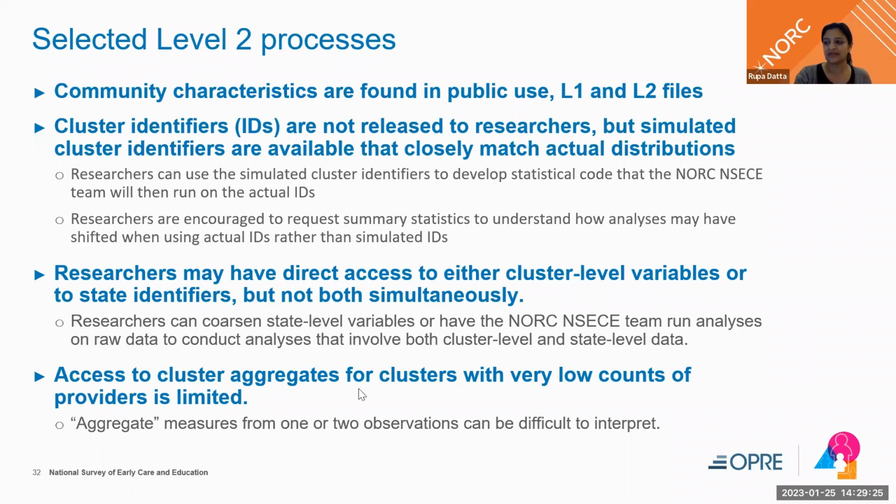And then we have some limits on cluster aggregates for clusters with very low counts of providers. If there's one provider, then we will not provide you the mean price because you would know who that was. But those are probably not as useful observations anyway.